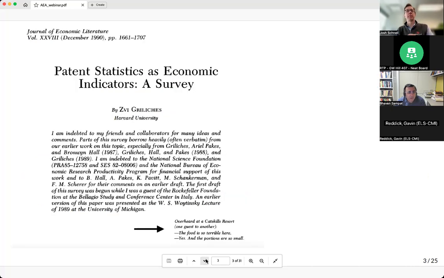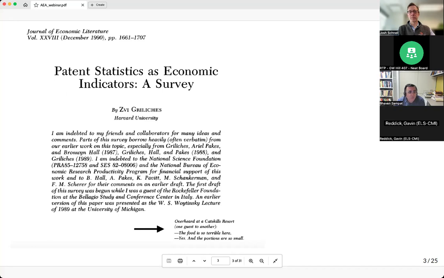So next slide. I'm going to start by going back to a paper written by, I think, the grandfather or the godfather, I don't know, of using patents as economic indicators, Zvi Griliches, the late and great Zvi Griliches, who in 1990 wrote this magisterial survey article, which bears going back to even today, on the resurgence of interest among economists in patent statistics as economic indicators.